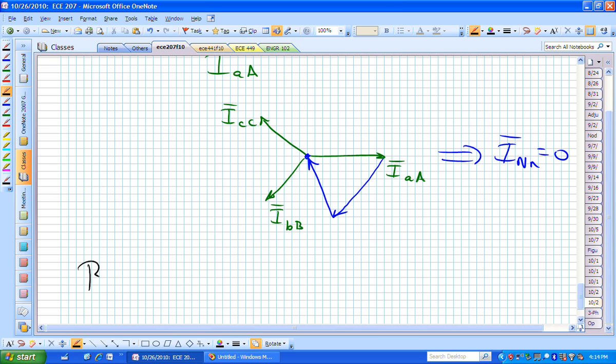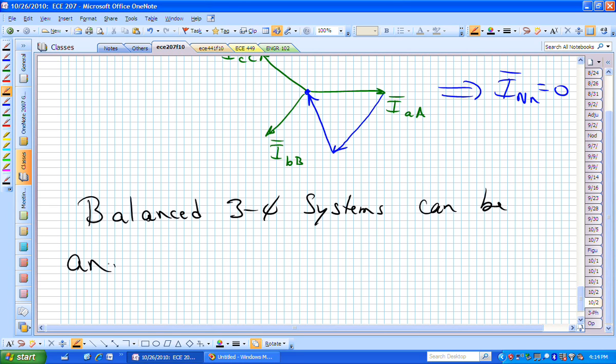We have a balanced 3-phase system, or in general, balanced 3-phase systems can be analyzed via a single phase, let's say piece or sub-circuit.